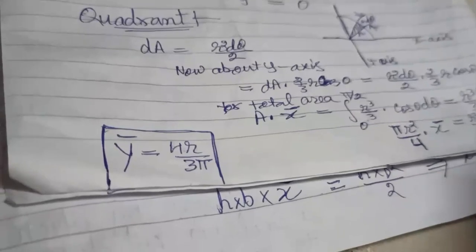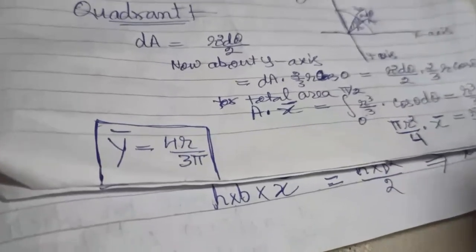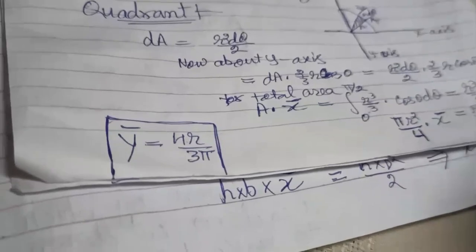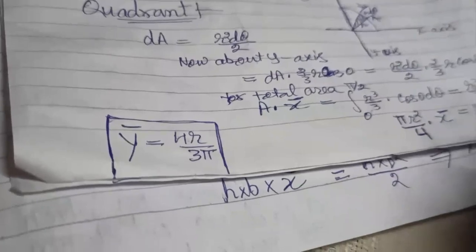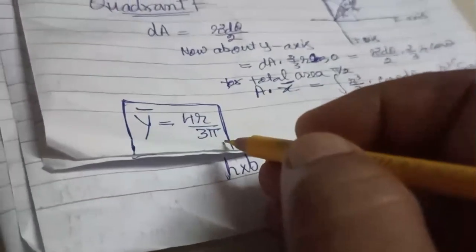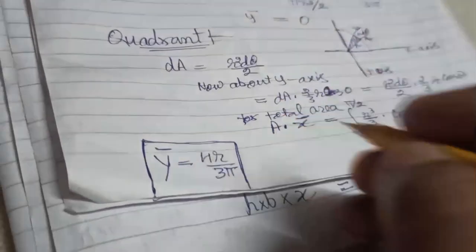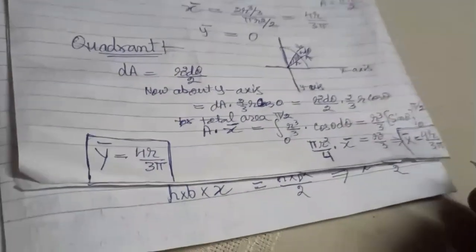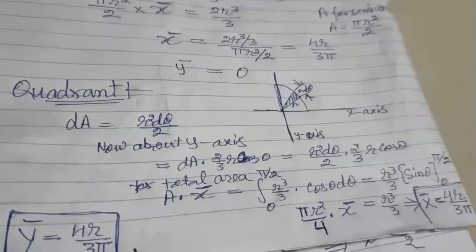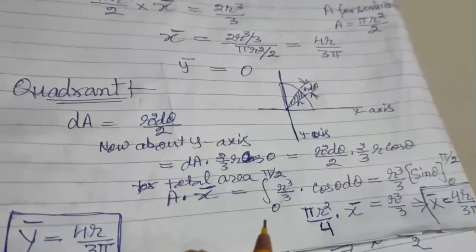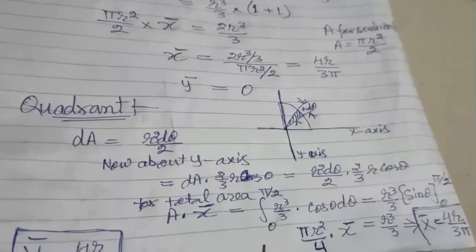So when we put pi by 2 it will become 0, and when we put cos 0 it will become plus 1. So this will again give r cube by 3, and y bar will again be equal to 4r by 3 pi. So, as we said earlier, x bar is equal to 4r by 3 pi and y bar is equal to 4r by 3 pi in the case of a quadrant.